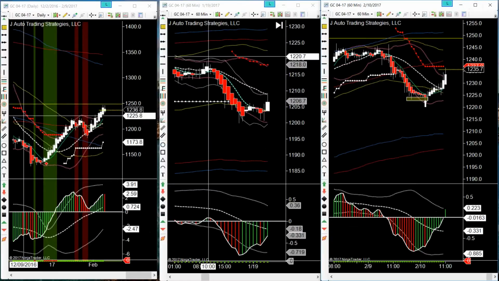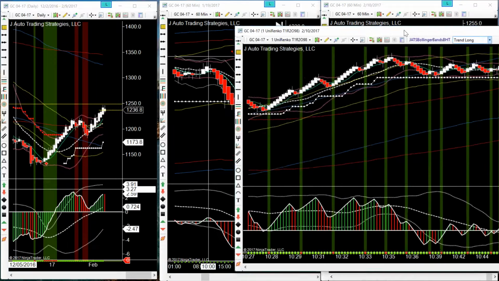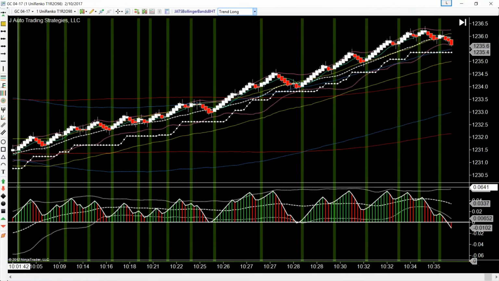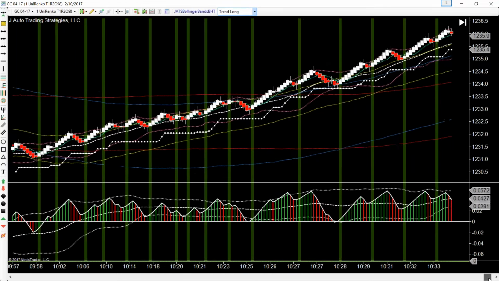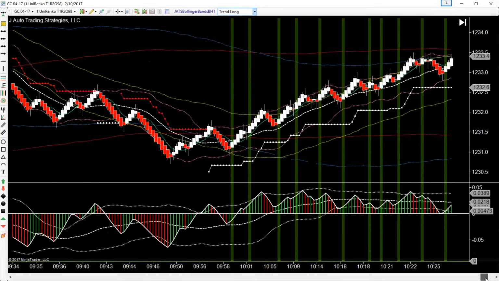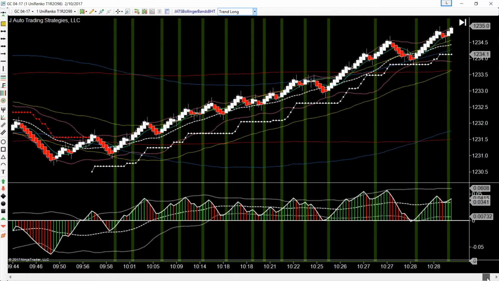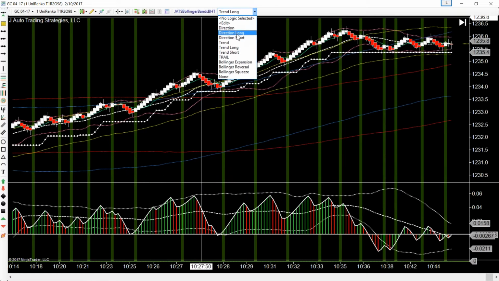Now, I would like to show you that this does work also on a much lower time frame. So your Unirinkos, for instance, you can also set this to take advantage of entering the trend long when it occurs on your smaller time frame Unirinkos, because I have your trend long, your direction long trail on the template.